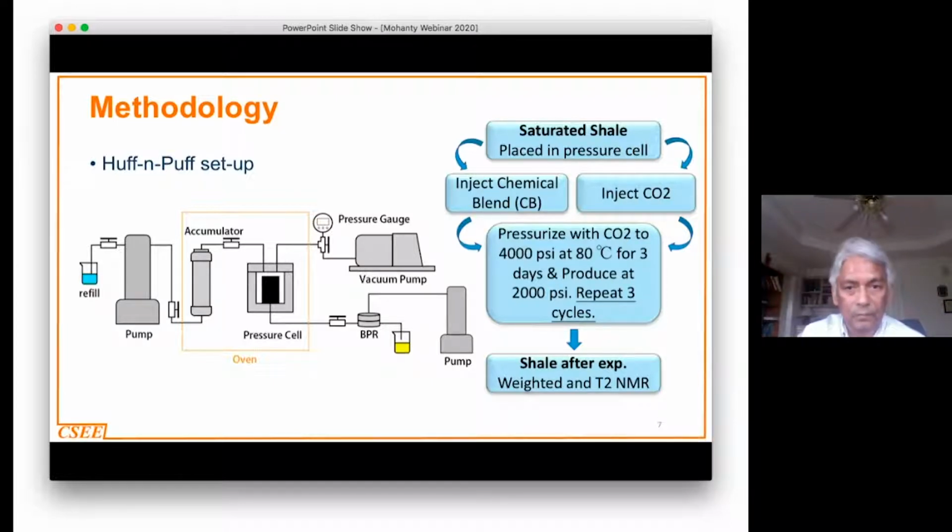Then we depressurize to about 2000 psi, assuming that's the pressure the fractures see during the puff cycle. We repeat this cycle about 3 times. At the end of that, we are done with the Huff-n-Puff. We depressurize, take the core out, and again weigh it and do a T2 NMR to see how much liquid we produced and so on.